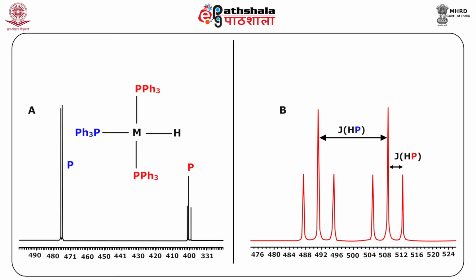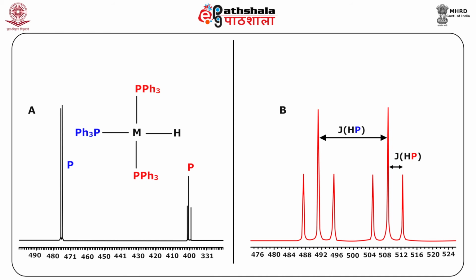The red phosphorus nucleus will couple with the 2 equivalent blue colored phosphorus nuclei and will give a 1:2:1 triplet. Similarly, the blue colored phosphorus will couple to the single red phosphorus to give a doublet. The coupling constant JPP will be the same in both cases.